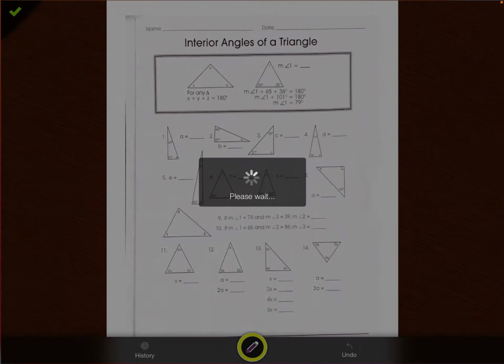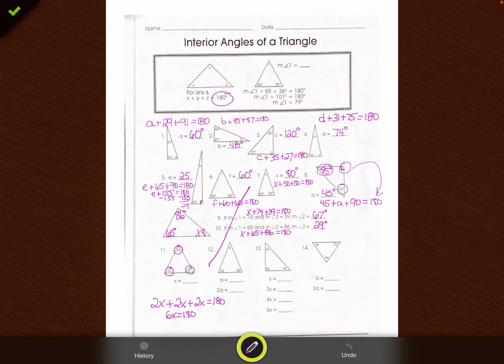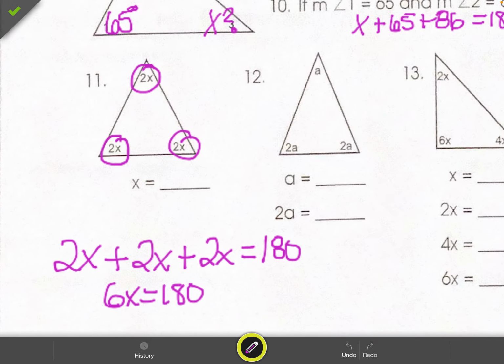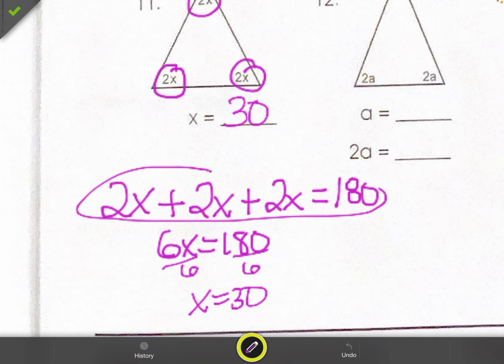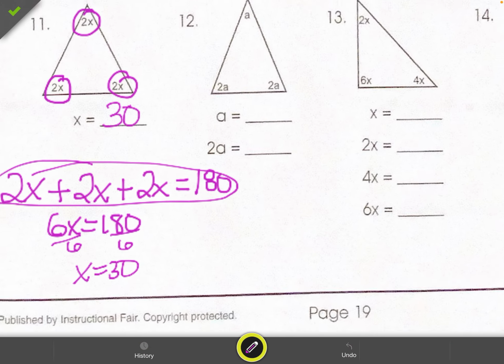X is 30. That's it. Now again, should you know how to do the equation by hand? Yes, you should, because you combine, get 6x, so you divide by 6, and so x is 30. Do you have to show us your work? Nope. The only thing we're going to be looking for is this equation right here.